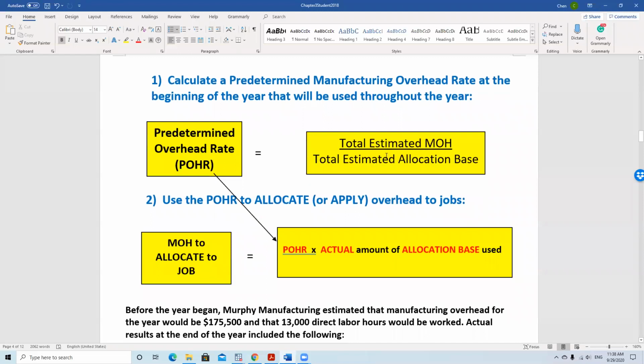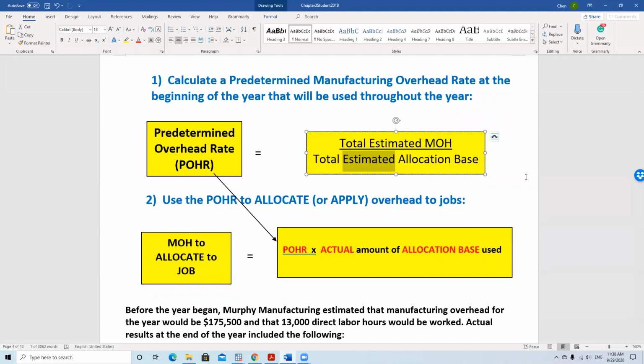You must pay attention to these words very, very carefully. For if you want to do a predetermined overhead rate, you have to use all these estimated amounts. You have to estimate what the total MOH is during this year.